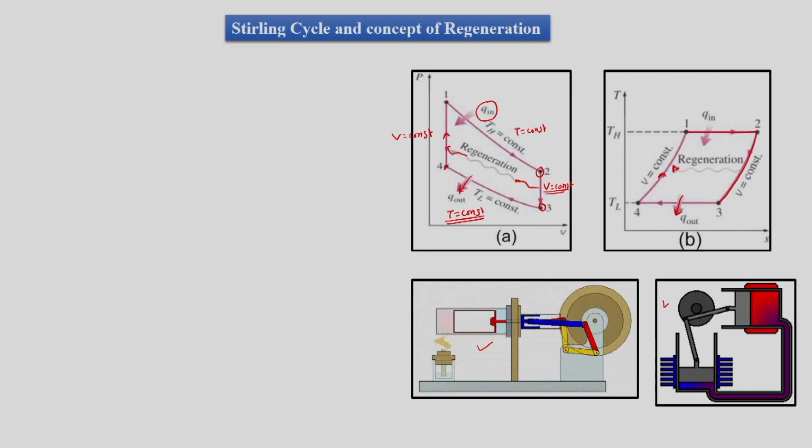The point to be noted in either engine is that we are not having any mass transfer. The system is completely closed in either case. So it is not like our conventional internal combustion engine where we will have fuel added or we have exhaust. So the same gas, same matter is having heat exchange and work exchange taking place.